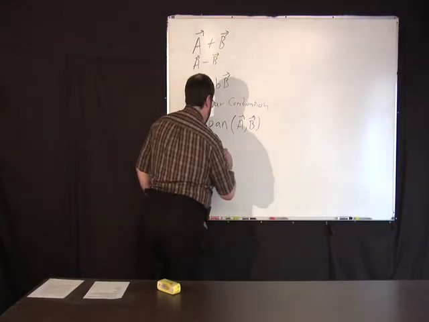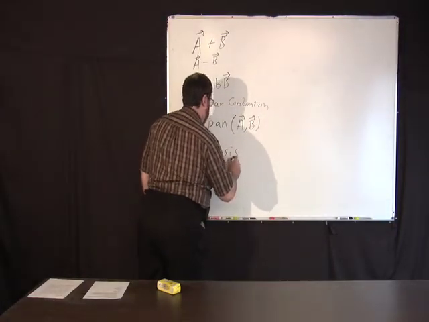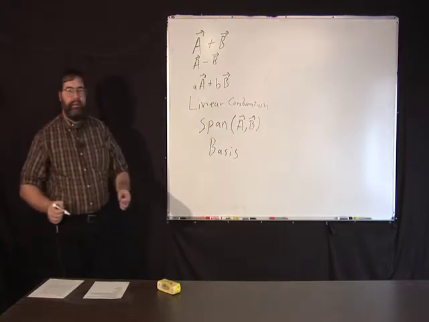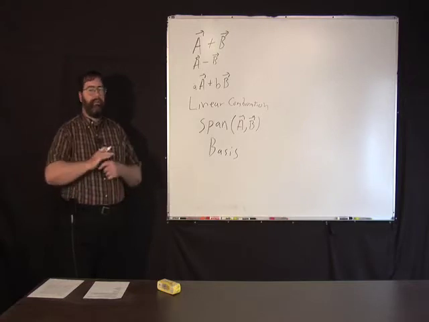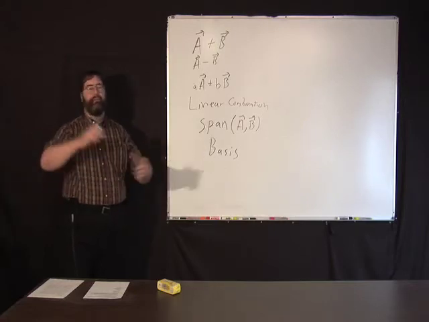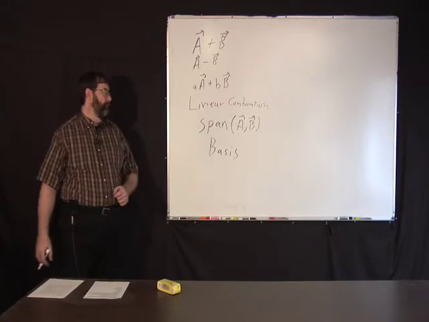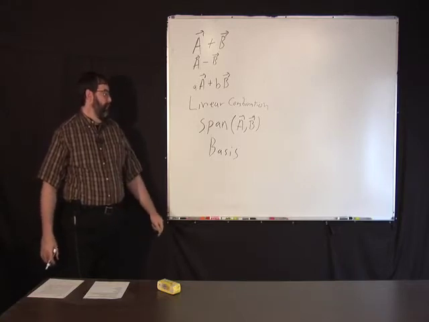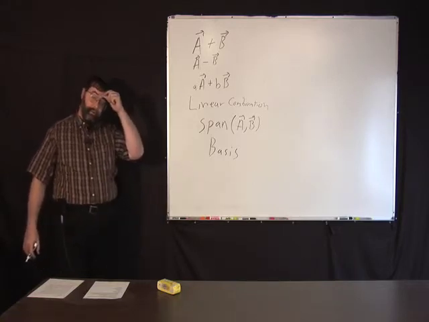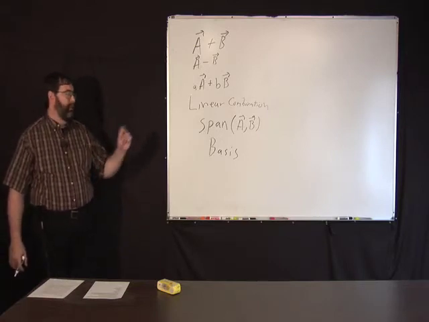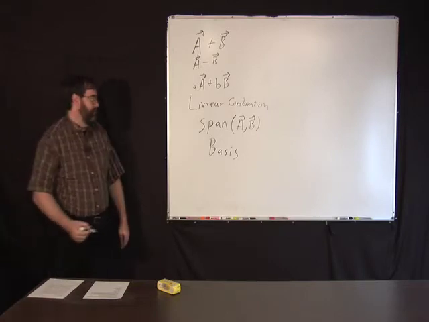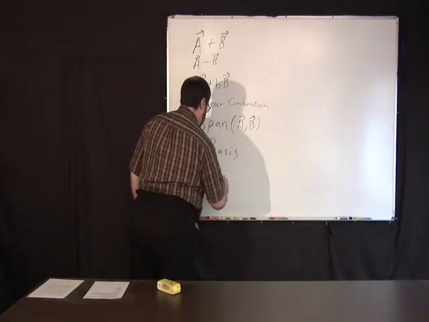So a basis is a set of vectors whose linear combination completely covers every possible vector in the space you're interested in. The minimum number of basis vectors required to span a space is called the dimension of the space.